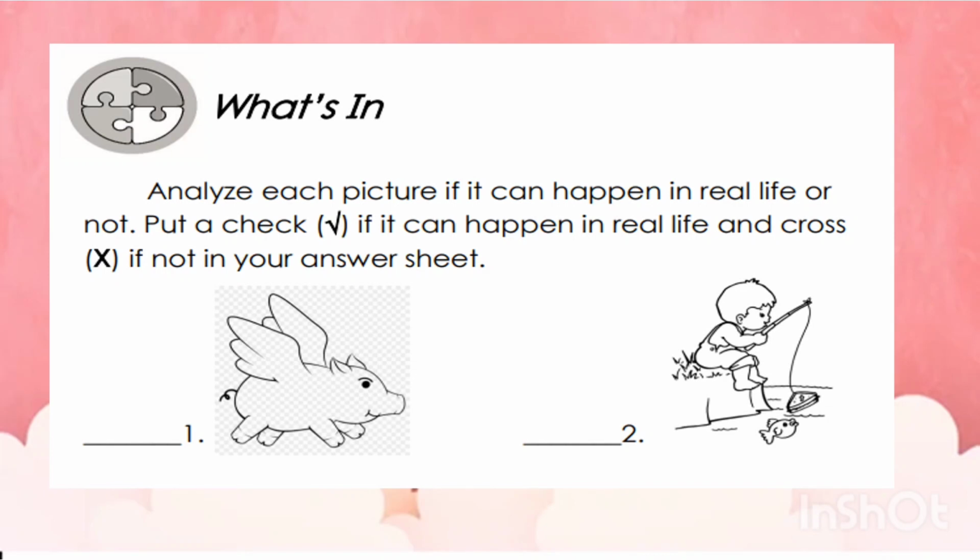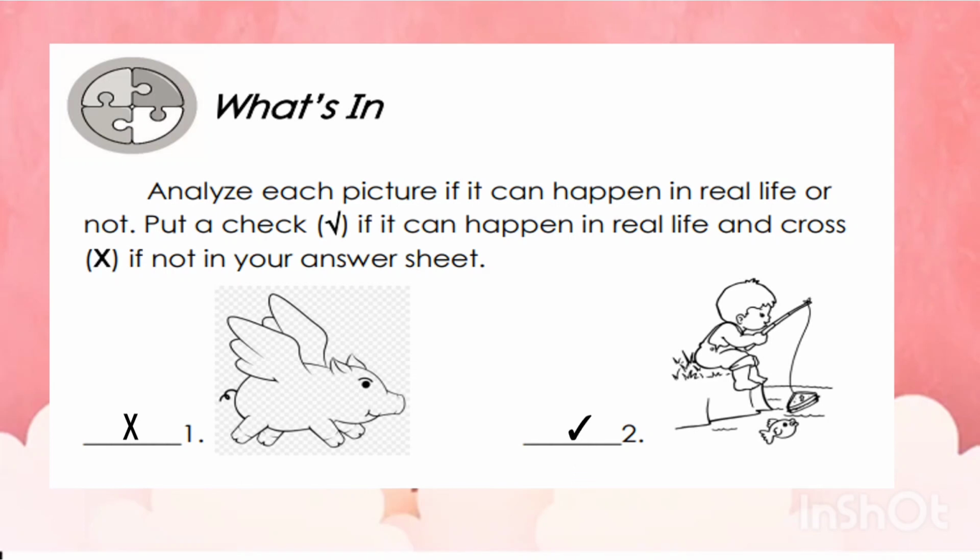What's in? Analyze each picture if it can happen in real life or not. Put a check if it can happen in real life and cross if not in your answer sheet. Number 1. What is the answer? You're right. Cross. Number 2. Look at the picture. What is the answer?